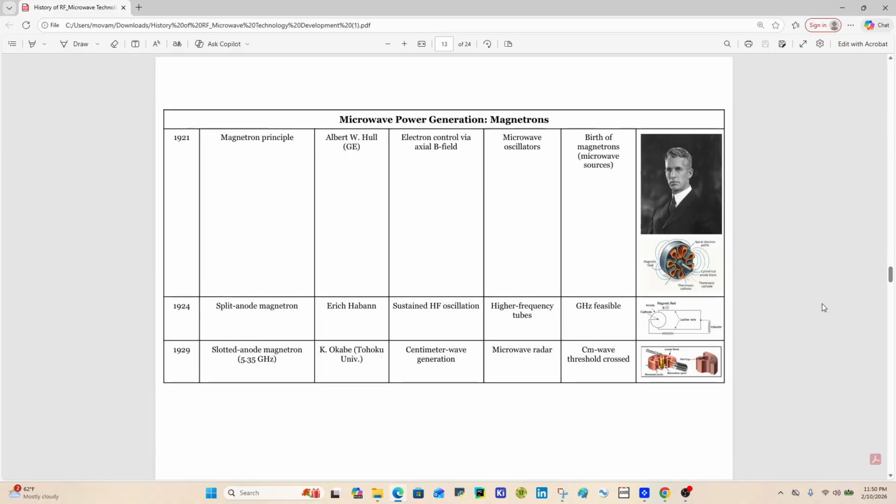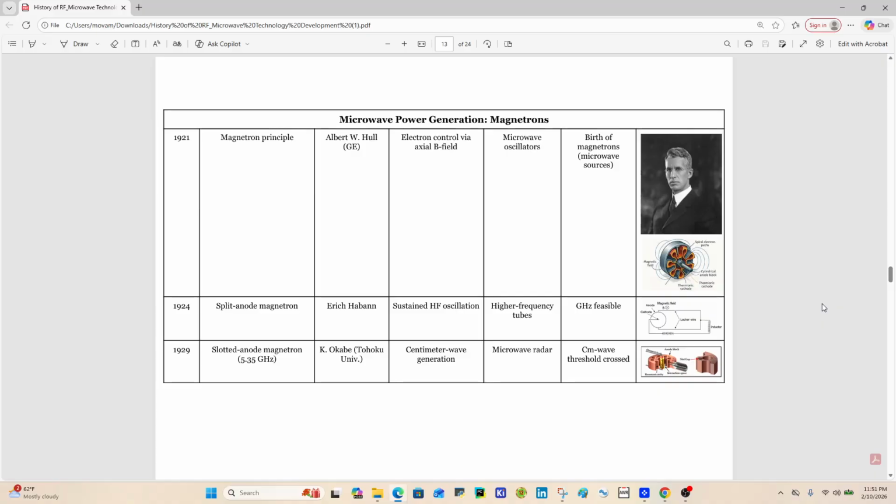Next we have in 1921 Albert Hull developing the magnetron principle, and essentially while he was at General Electric he used a vacuum tube with crossed electric and magnetic fields, and he was able to control the speed of electrons while they're in orbital motion by the strength of the magnetic field instead of control grids as we discussed previously.